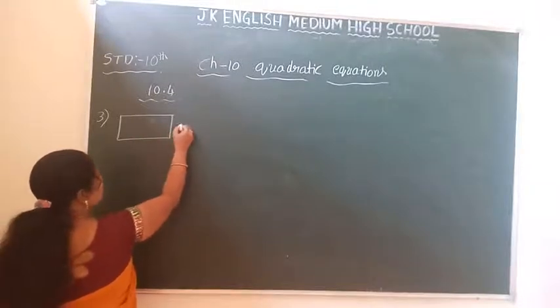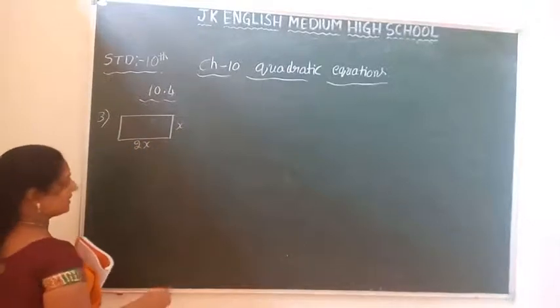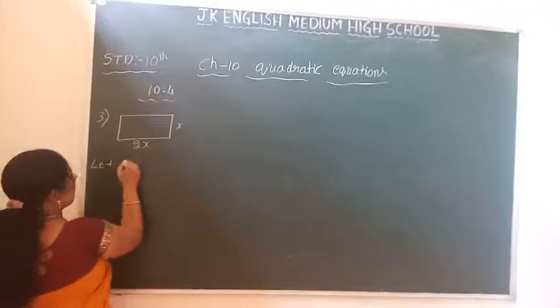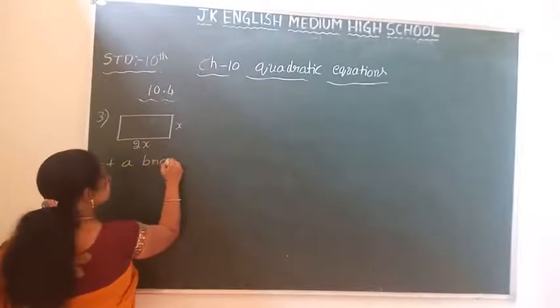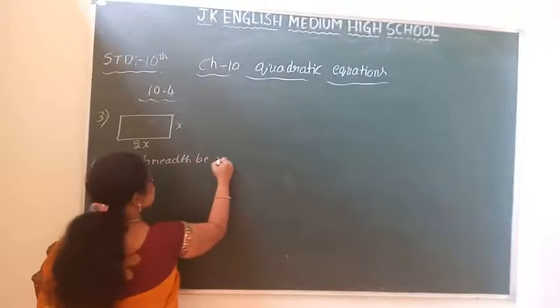So let the breadth be x, and the length becomes twice its breadth. Let the breadth of the mango grove be x meter.